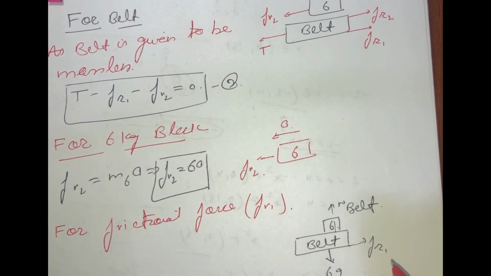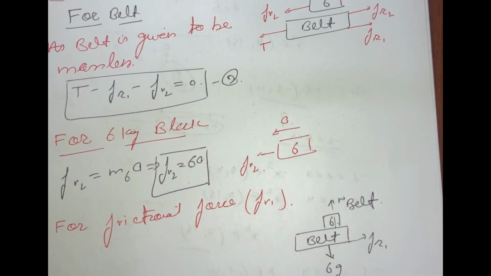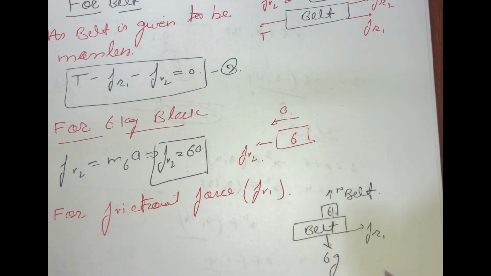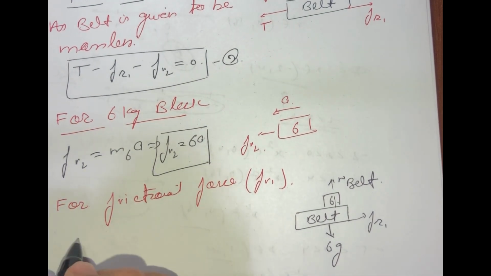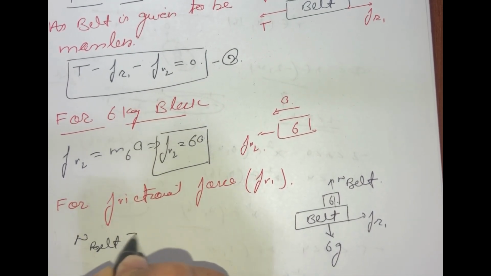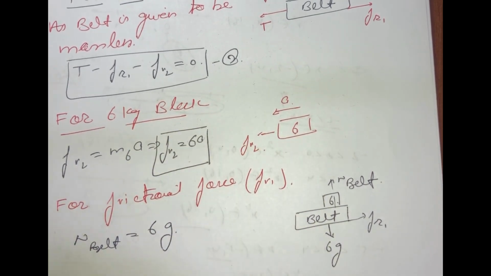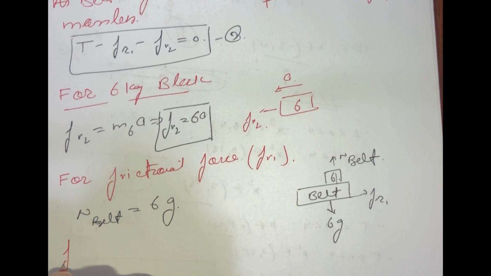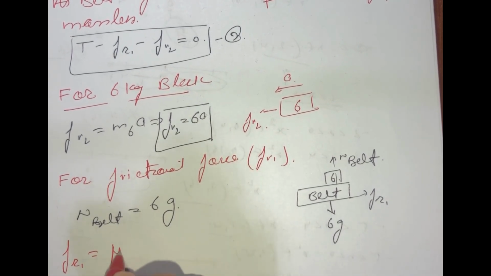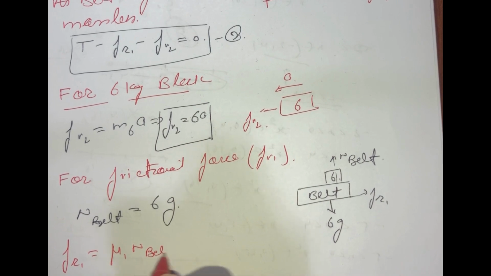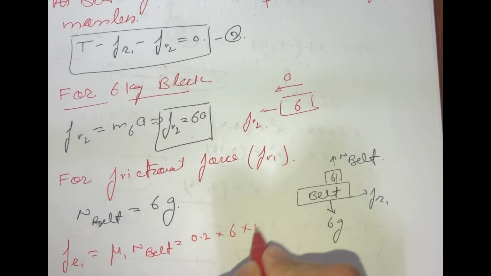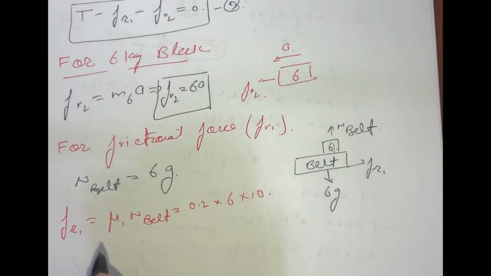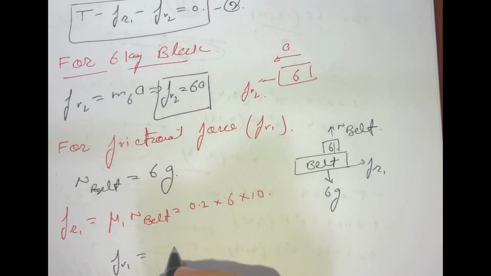The coefficient of friction is given as mu1, that is 0.2. So we can say that N of the belt is equal to 6g, and Fr1 is equal to mu1 multiplied by N of the belt. So we substitute the value: 0.2 multiplied by 6 multiplied by 10. So from here we get Fr1 equal to 12 Newton.